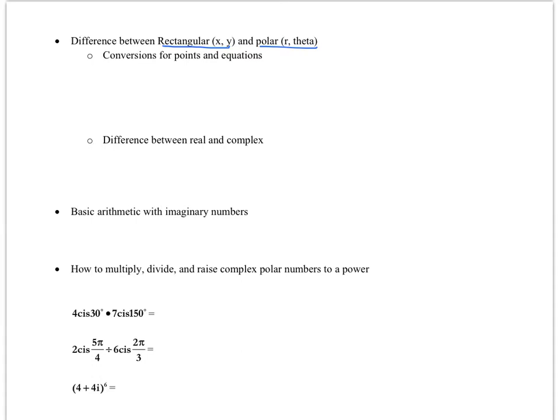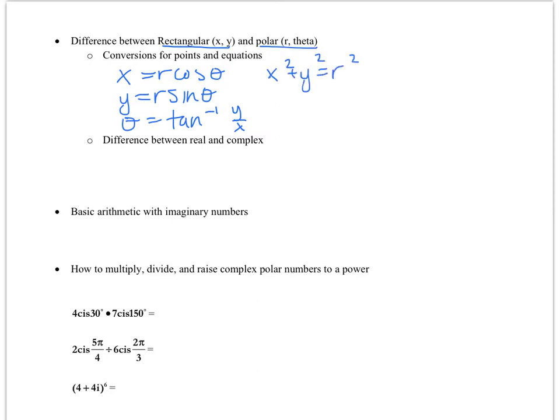The conversions that we will use to switch back and forth are x equals r cosine theta, y equals r sine theta, and theta equals tan inverse of y over x. And the last one that we will use is x squared plus y squared equals r squared.